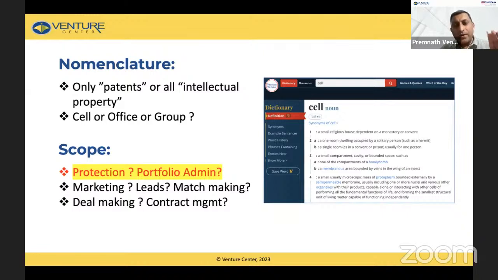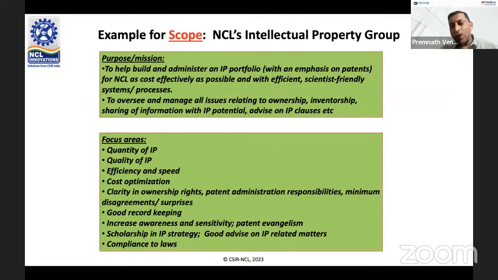Protection requires a lot of discipline, okay, in terms of being disciplined in how you go about ensuring that you're filing right, you're writing it right, you're following up on all the reviewers' examiners' comments, ensuring that grant happens, payments happen, all that. So it's a very different orientation than people who are marketing IP and technology.